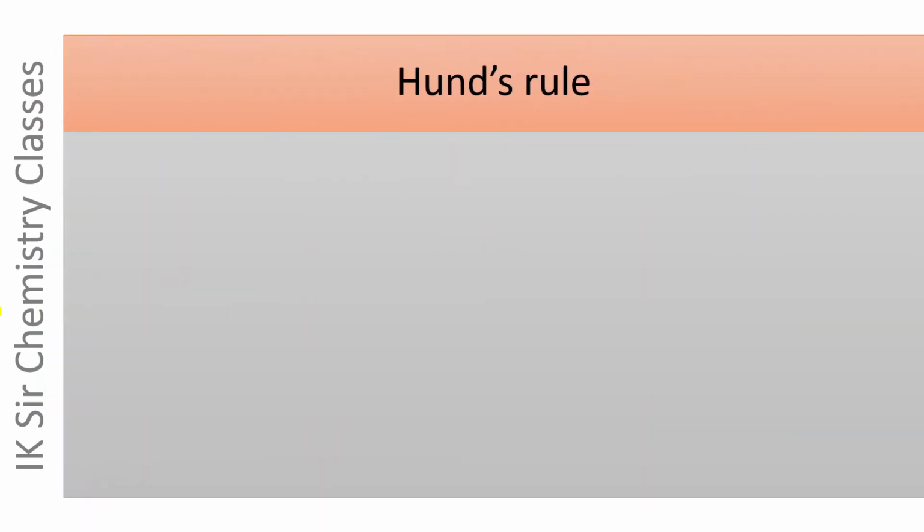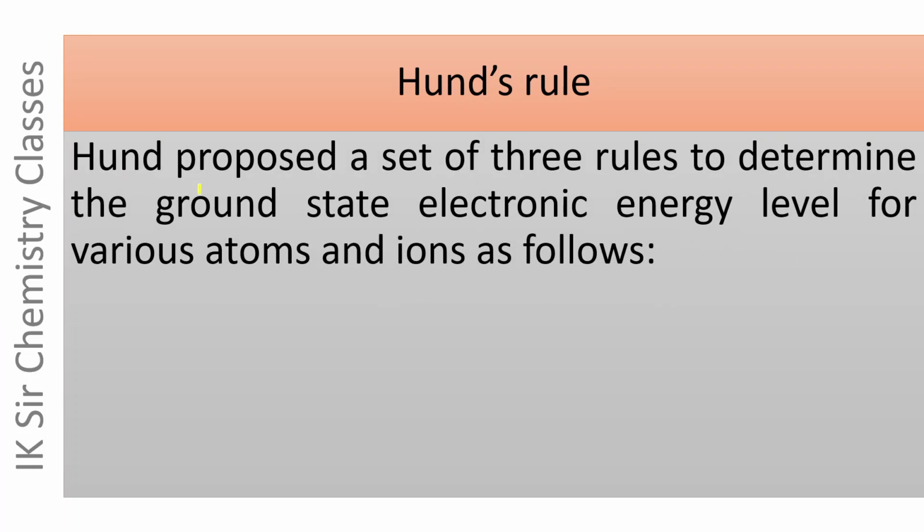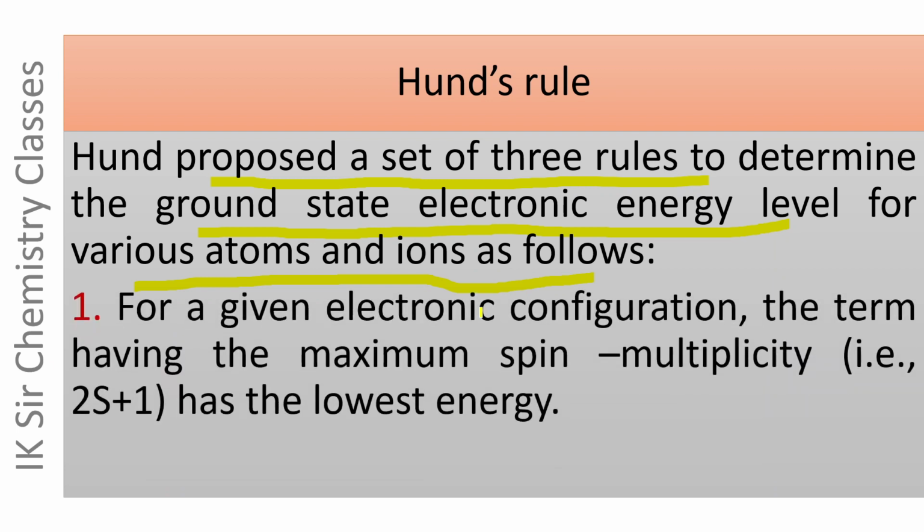And now Hund's rule. Hund proposed a set of 3 rules to determine the ground state electronic energy level for various atoms and ions as follows. For a given electronic configuration, the term having maximum spin multiplicity, that is maximum value of 2S+1, has the lowest energy.